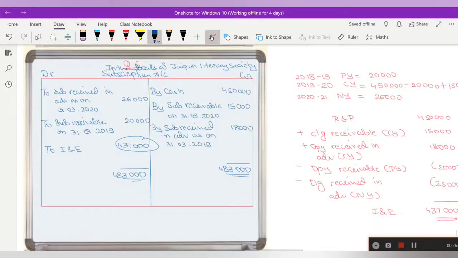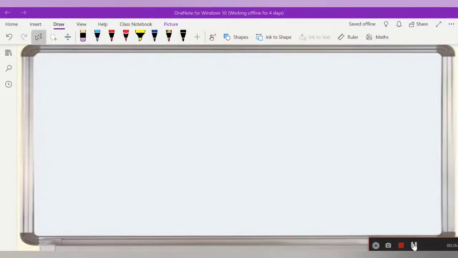Okay, see, now we will go to illustration number 7. It is also on the subscription itself, but here you have to find out something else. See what is given. From the following information, calculate the amount of subscription outstanding for the year ended 31st March 2020. We have to calculate what?